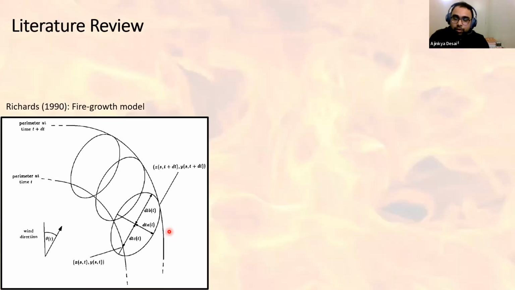Before we go into the current research, I'd like to throw back to a time when fire research itself began in the US, decades ago in the 1940s. But if I could pull out a fire growth model that is quite recent, I would pull out this one, the Rogers model.